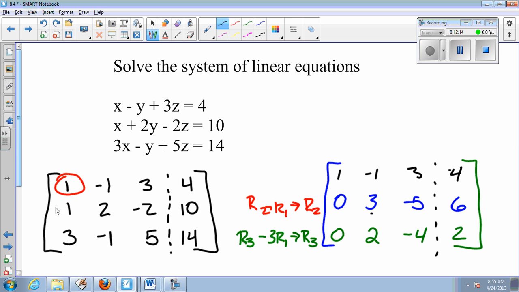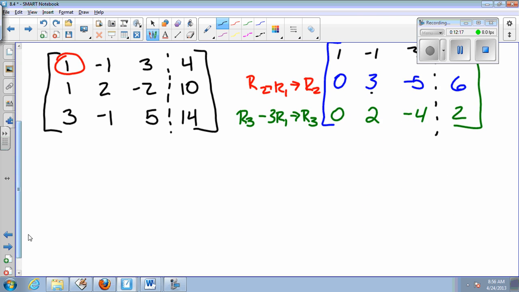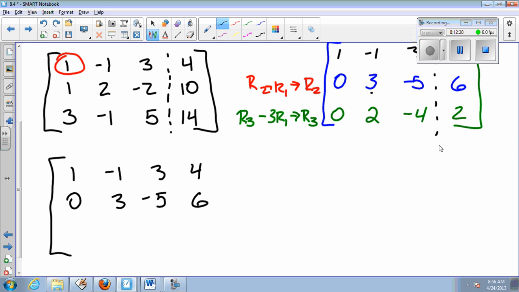So let's take 1/2 row 3. So it goes 0, 1, -2, 1.